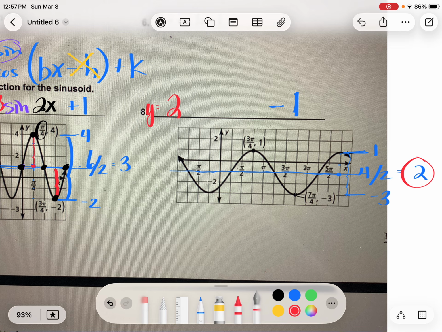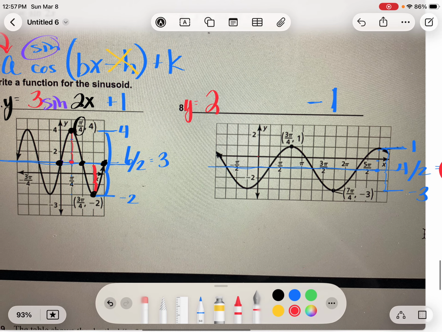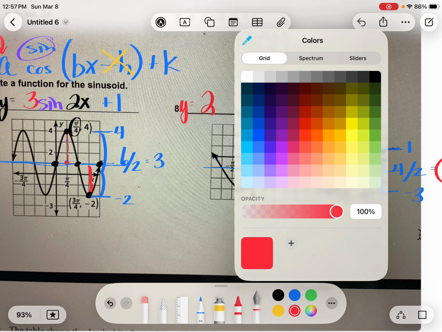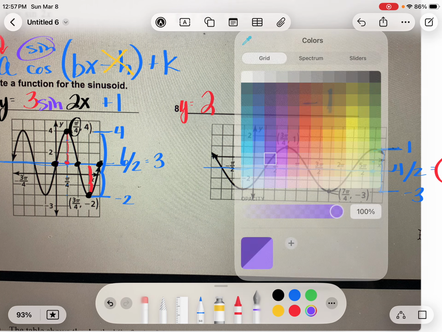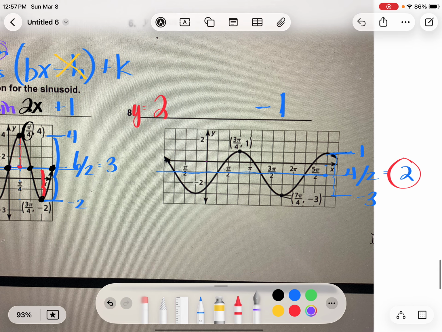Now I need to figure out if this is going to be a sine or a cosine. Okay. So looking at the y-axis where it hits it here, and I used the purple last time, so we'll do that again just to stay consistent. That's not hitting it there.